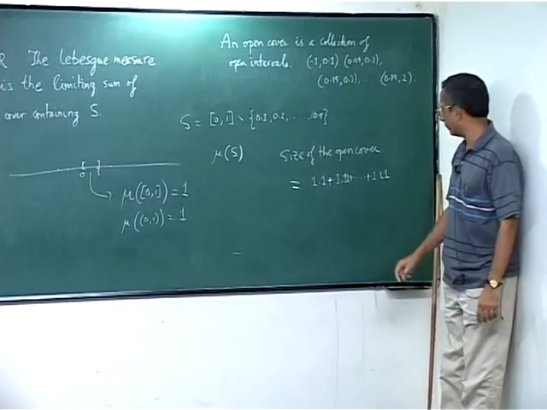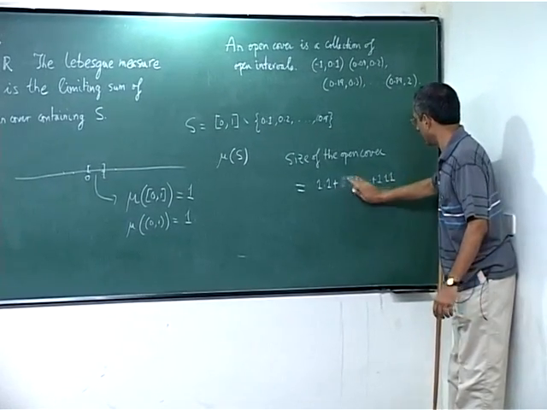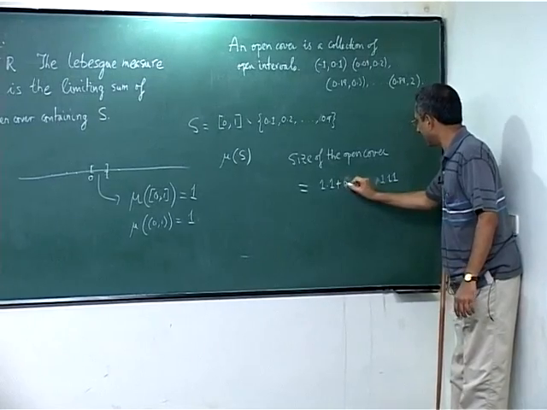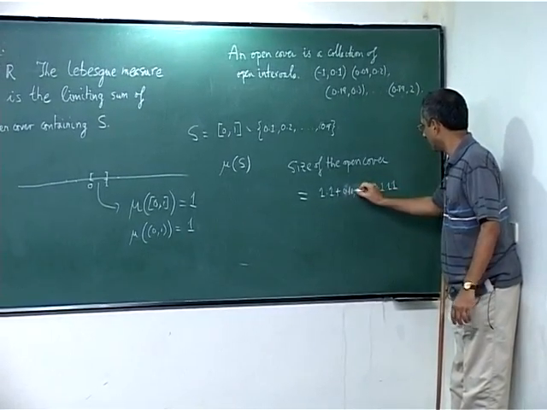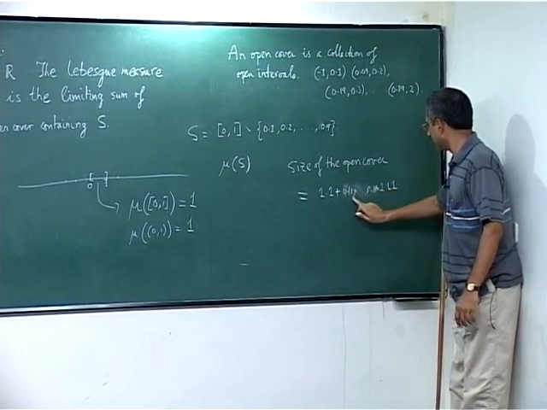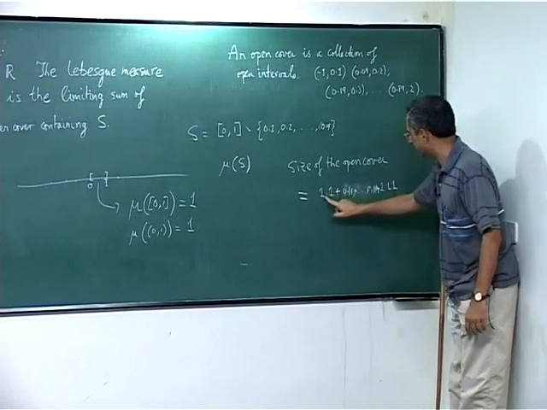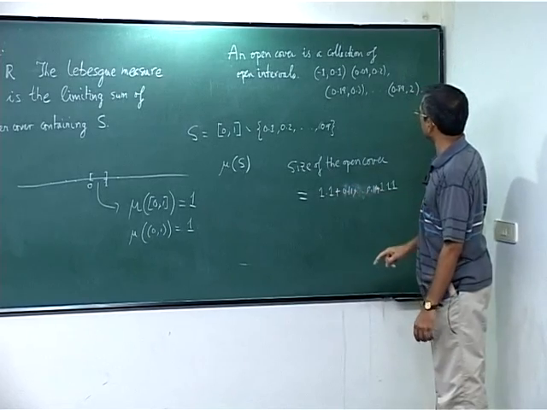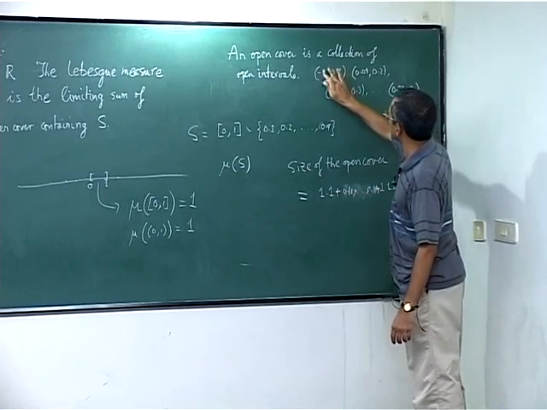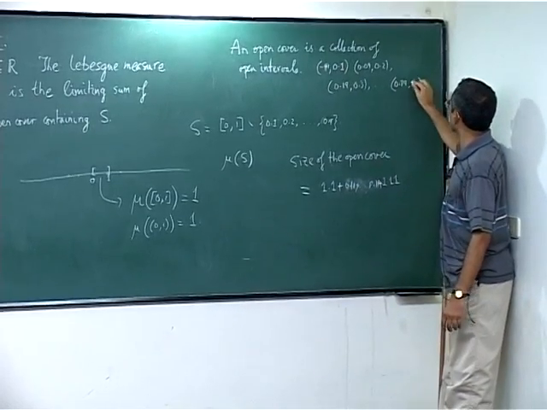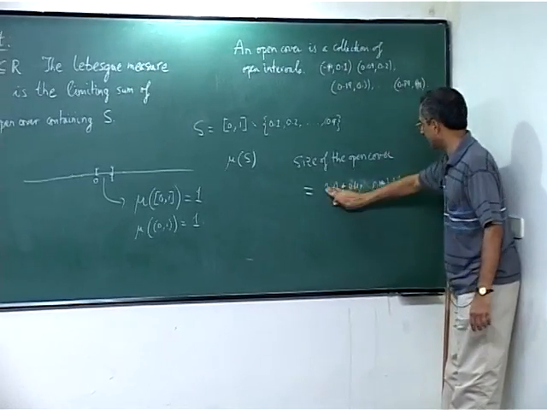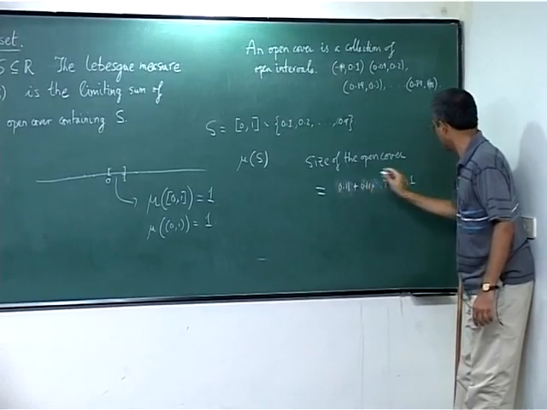Oh, these are 0.11. All the intermediate ones are 0.11. So it's only the first and the last ones that are a little large. Of course, we didn't have to keep it like that. We could have taken this to be minus 0.01 and the last one to be 1.01, in which case they would all be of length 0.11 each.